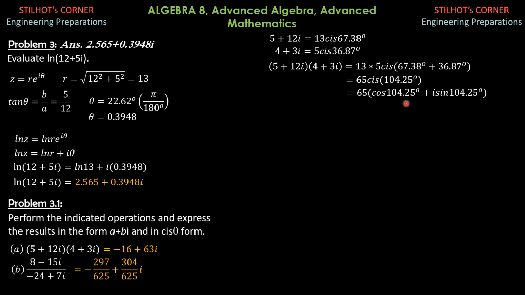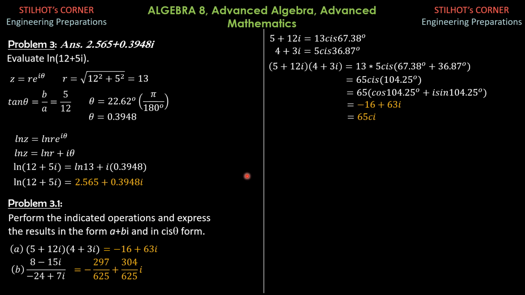And using your calculator there, 65 times cosine 104.25 degrees should give us negative 16, while 65 times sine 104.25 degrees should give us 63i. So therefore, that's negative 16 plus 63i.